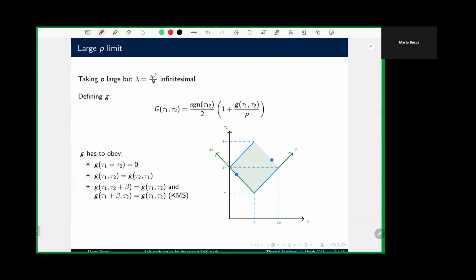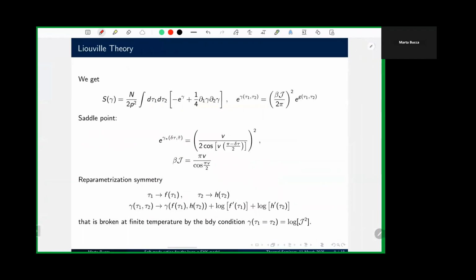Well, one can get an action for the large P limit of SYK simply by taking this definition of small g and plugging it into our large N SYK action, and then taking the large P limit. If you do that, you land on a Liouville theory in lightcone coordinates.